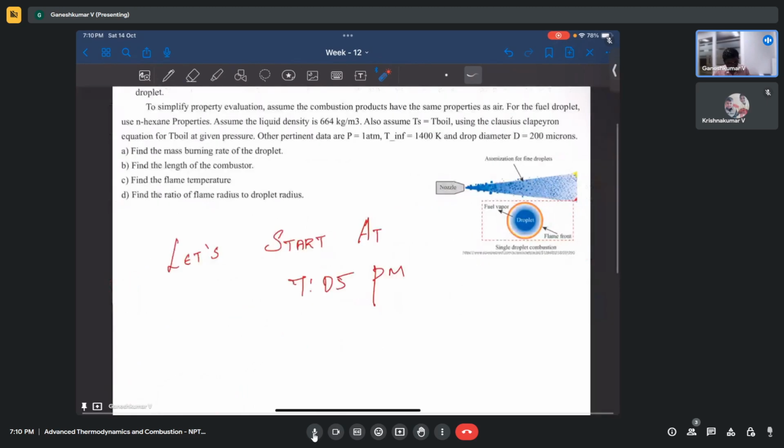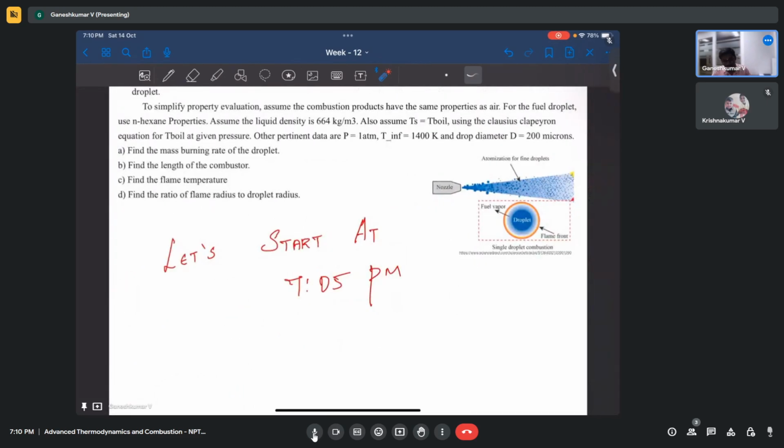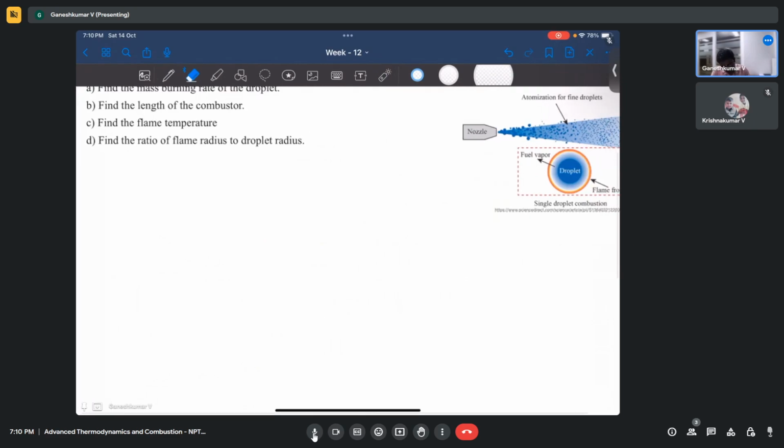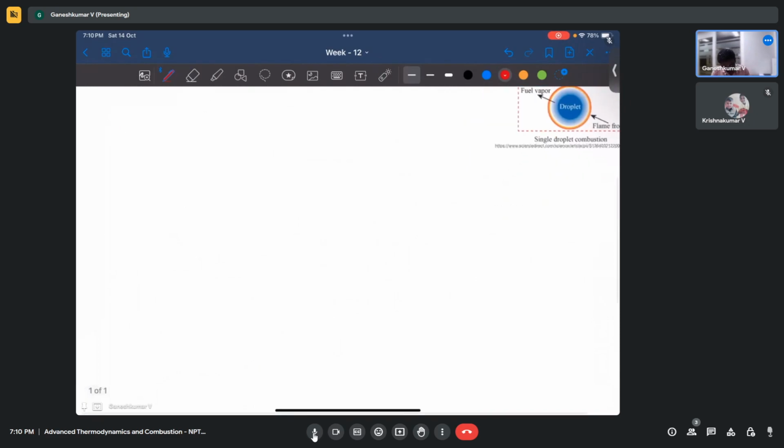So that is also in a way related to droplet combustion. In fact that is even more complicated than the droplet combustion, but basically it derives the physics from the droplet combustion. So let me just draw it for you.